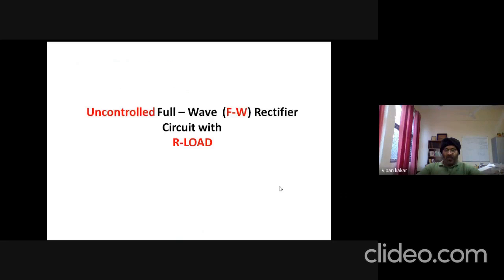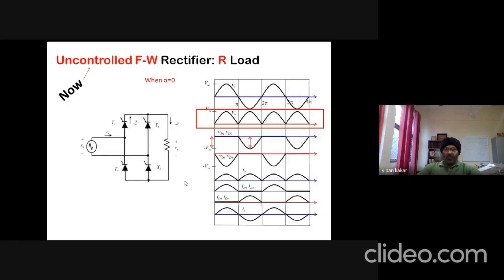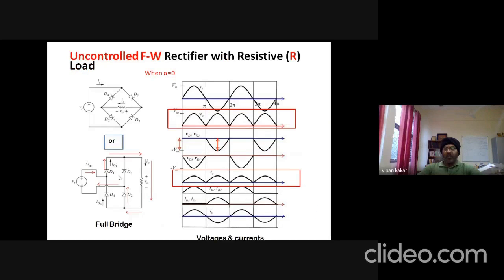Okay, so let's start with some basic overview on the uncontrolled full wave rectifier for pure resistive load. By uncontrolled, I mean that if we have a thyristor circuit and we have a firing angle alpha equal to 0, then this particular rectifier is working as an uncontrolled rectifier, just like the full wave diode rectifier.